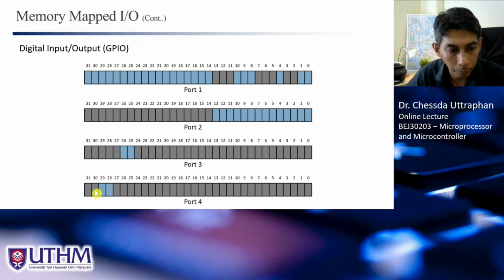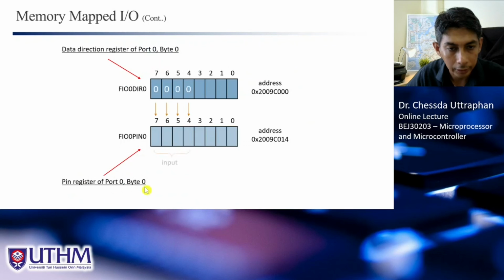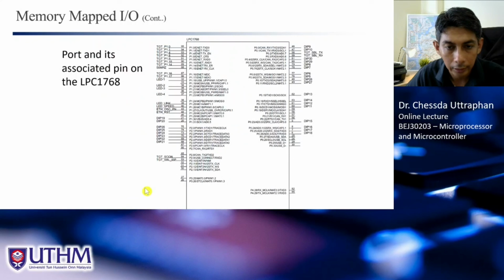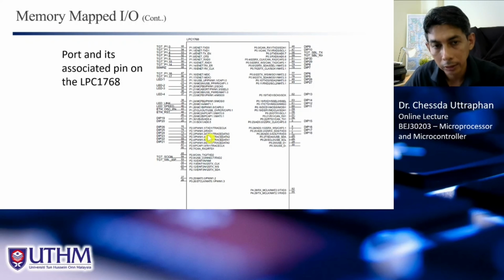And for port 4 we have 28 and 29. We have only P4.28 and P4.29, and we don't have any other P4 available here, which means there is no connection and we cannot use them.